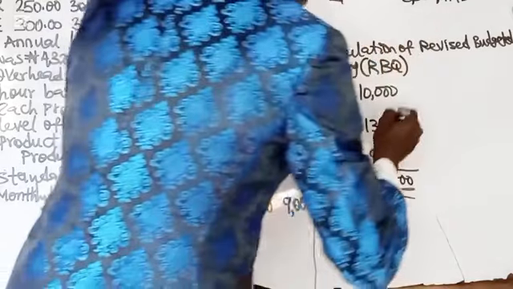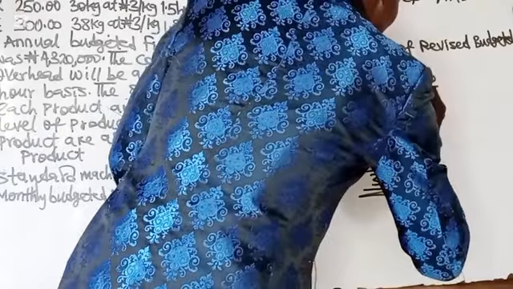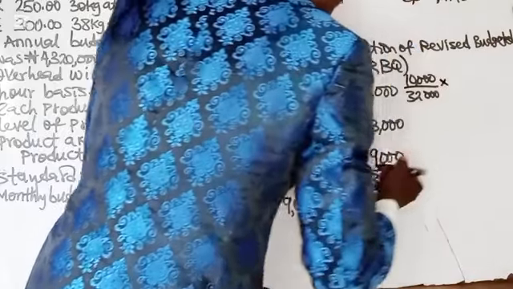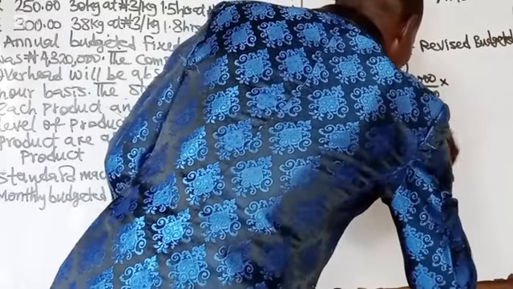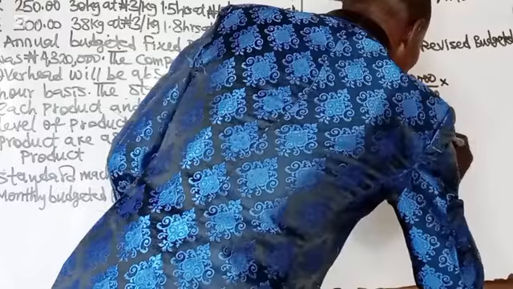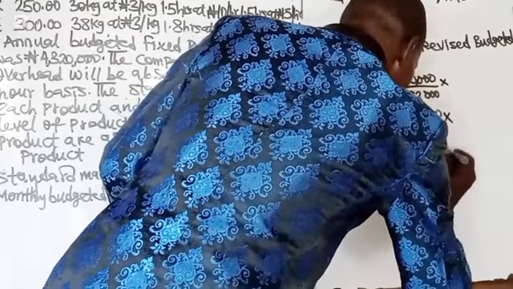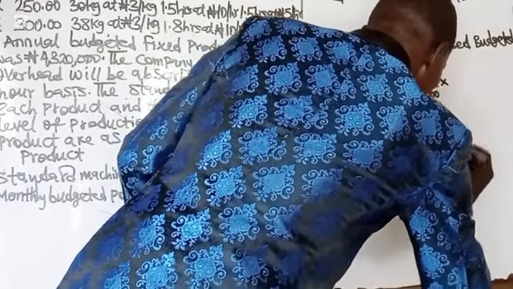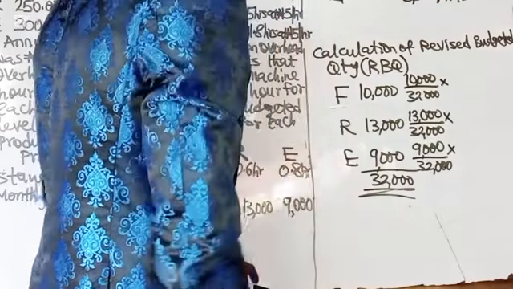For F, you have 10,000 over 32,000 times the total actual sales. For R, 13,000 over 32,000 times the total actual sales. For E, 9,000 over 32,000 times the total actual sales. That will give you the revised budgeted quantity.